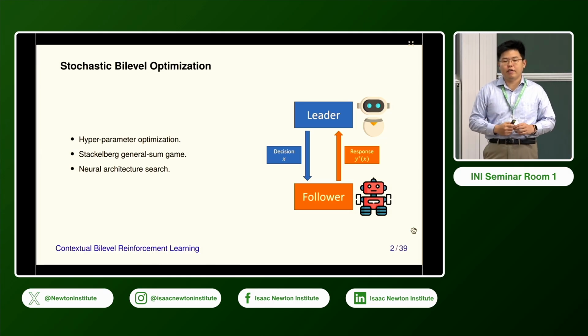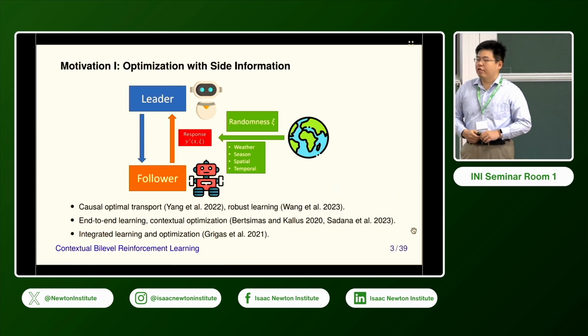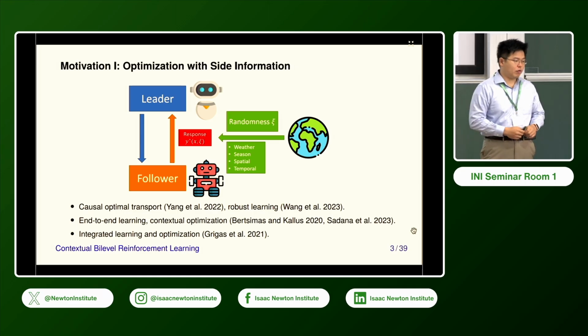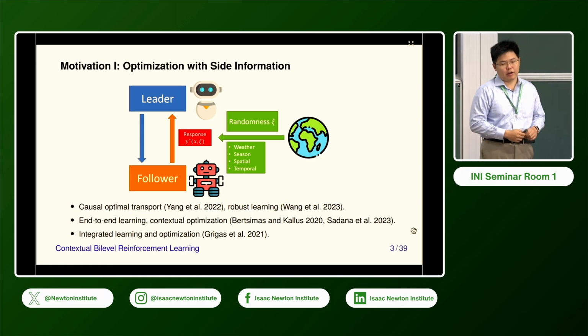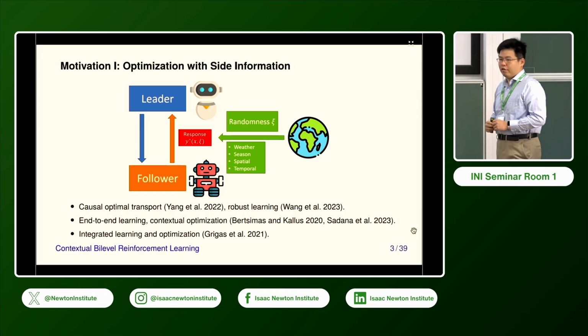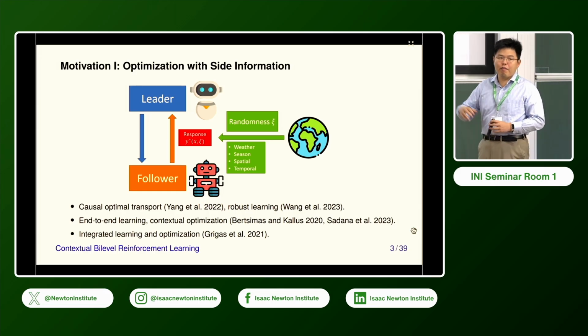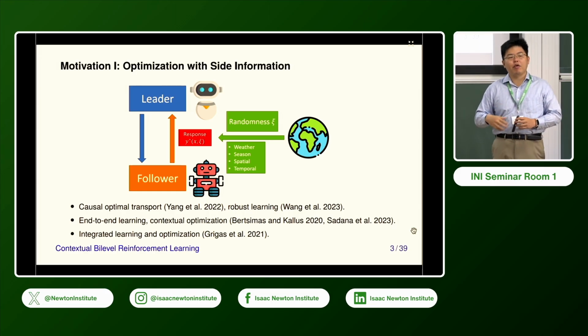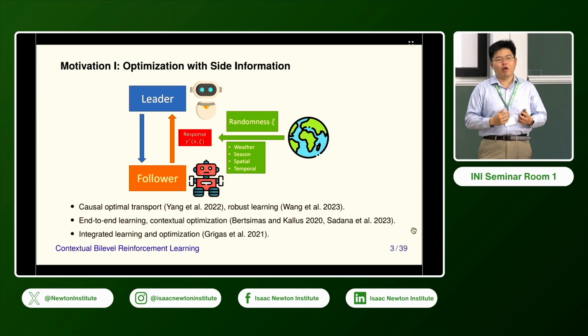What we're realizing is that this type of framework doesn't capture two very important scenarios. The first scenario is what I call optimization with side information. So what do I mean by side information? Imagine you are facing some system that is given to you by the leader, okay? And your best response may not always be static.